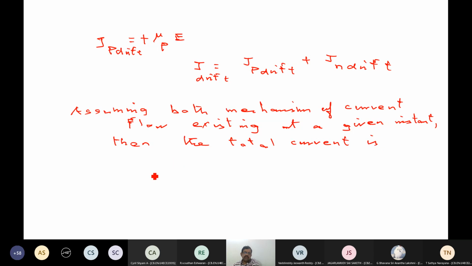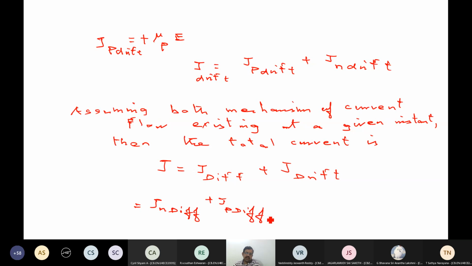is J equal to J diffusion plus J drift, which is nothing but Jn diffusion plus Jp diffusion plus Jn drift plus Jp drift.